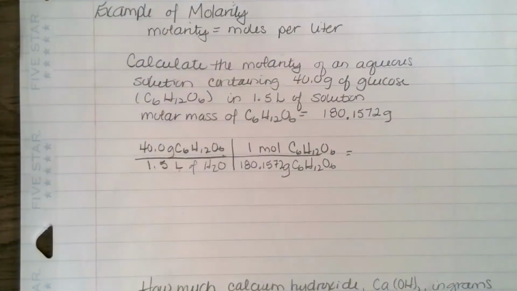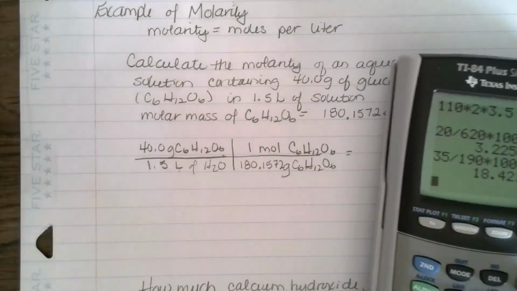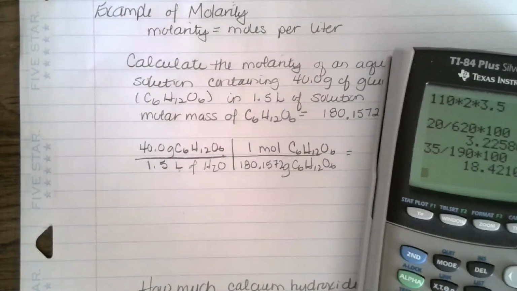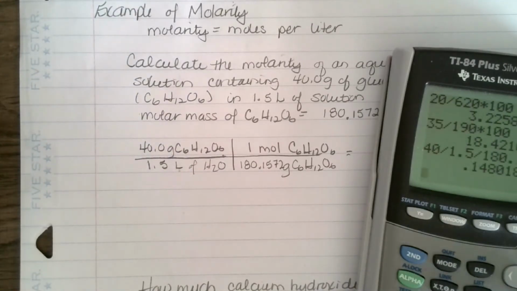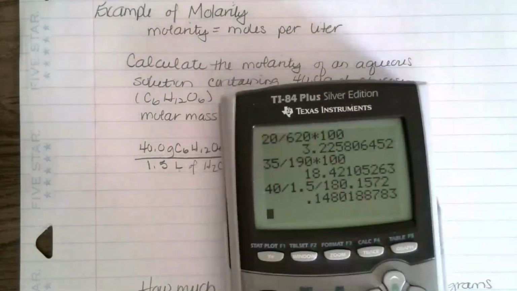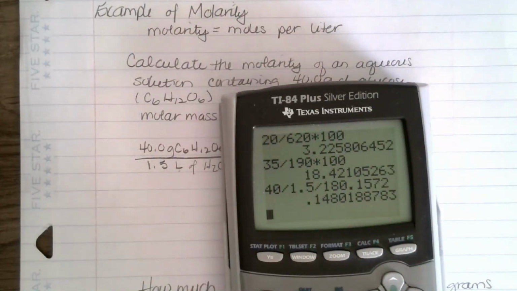I take my handy dandy calculator off to the side here a little bit so I can see my work. So I'm going to take 40 divided by 1.5 divided by 180.1572. And I get, you can read that, 0.148.